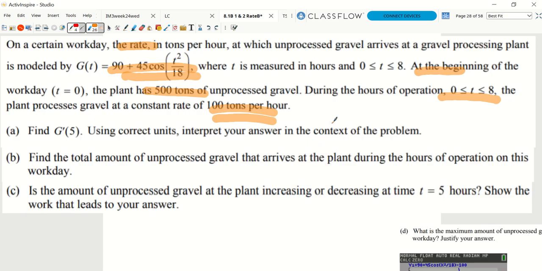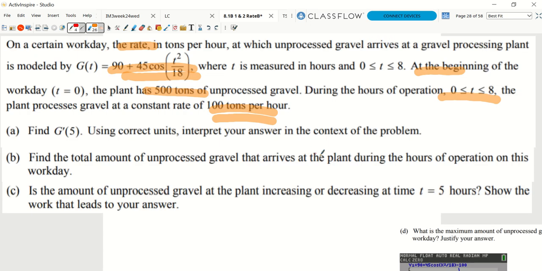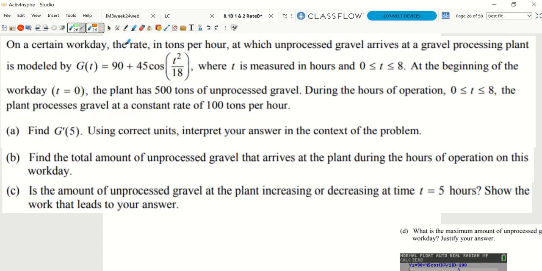Now that's really the only example I need to go over. This one is just kind of a repeat, but it's good to gloss over. I'm not going to go over it in detail because this is an actual AP FRQ. Right off the bat, this should take me less than 5 minutes. Rate. Are we good? This is the rate of unprocessed gravel.